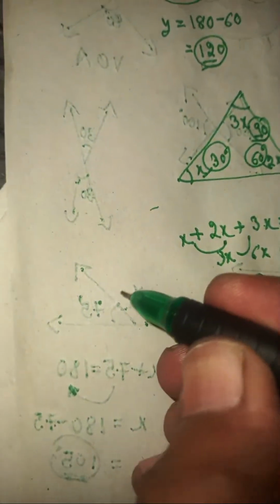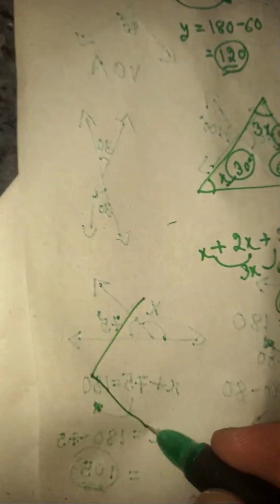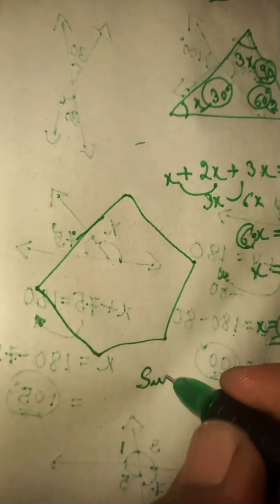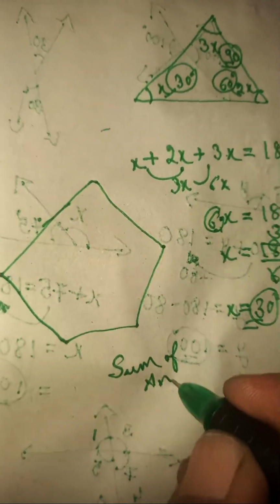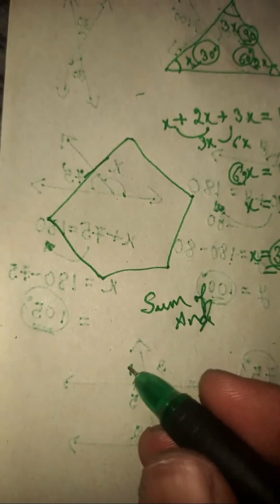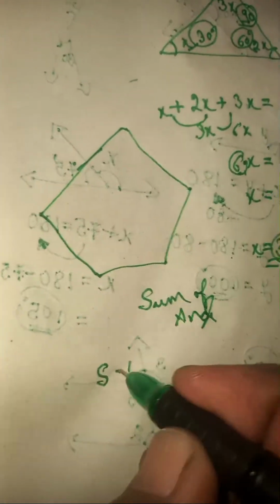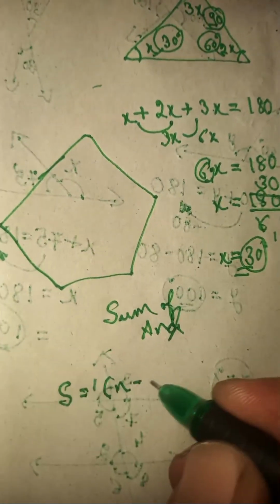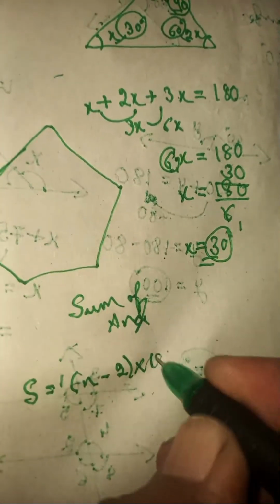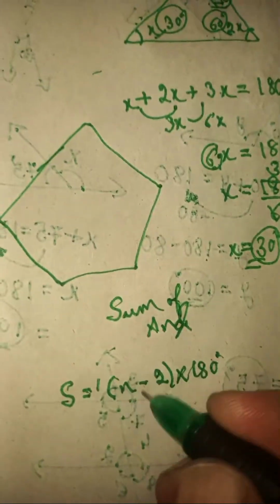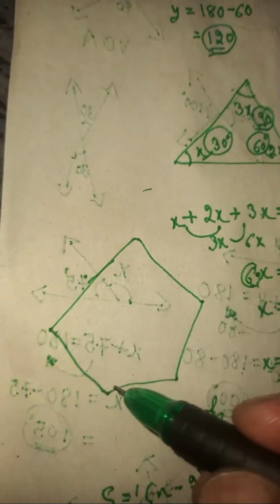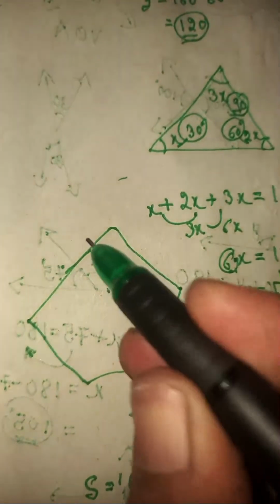Here let's take one more figure, a pentagon. In the pentagon they have asked to find the sum of angles. Now you can do it easily. For any polygon, the sum of angles can be written as n minus 2 times 180 degrees. Here, for the pentagon, n is the number of sides. Since it is a pentagon, it is made of 5 sides: 1, 2, 3, 4, 5.